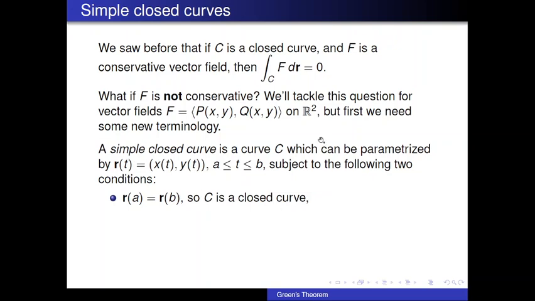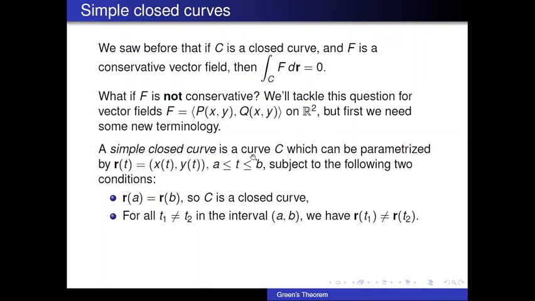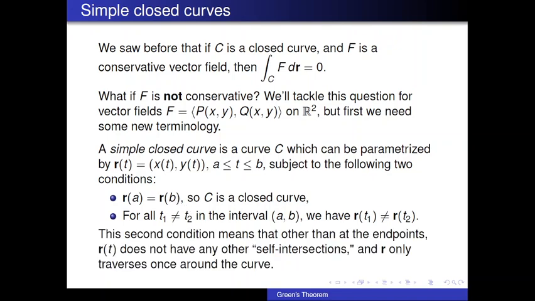The simple part comes in with the next stipulation: whenever you have two parameters, t1 and t2, that live between a and b but aren't equal to each other, then r of t1 does not equal r of t2. In other words, this curve has the same endpoints, but everywhere in between, it never crosses itself another time. So there are no other self-intersections.